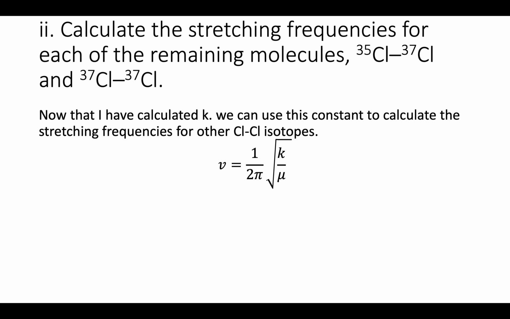Now in part 2 of this question, we will calculate the stretching frequencies for each of the remaining molecules. That's 35Cl bonded to 37Cl and 37Cl bonded to 37Cl. Now that I've calculated k, we can use this constant to calculate the stretching frequencies for other Cl bonded to Cl isotopes using the same equation from before, but now we don't have to rearrange it.